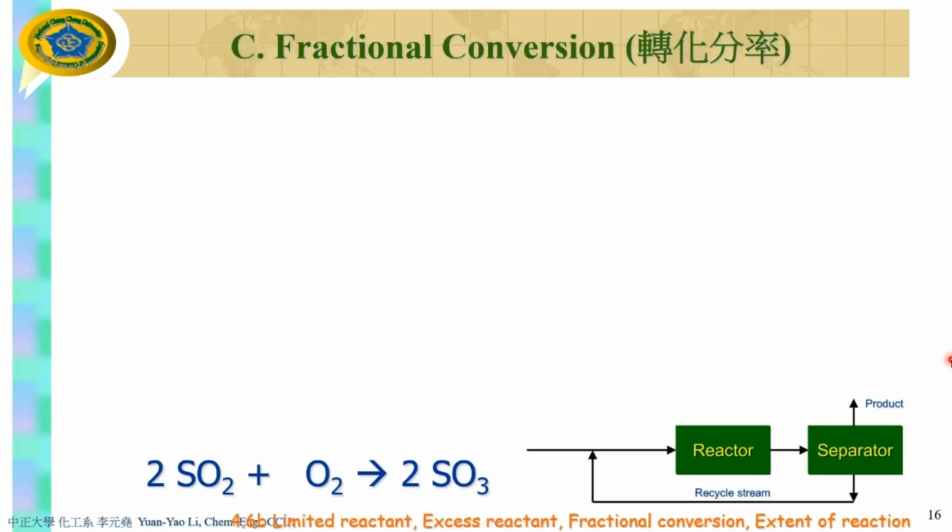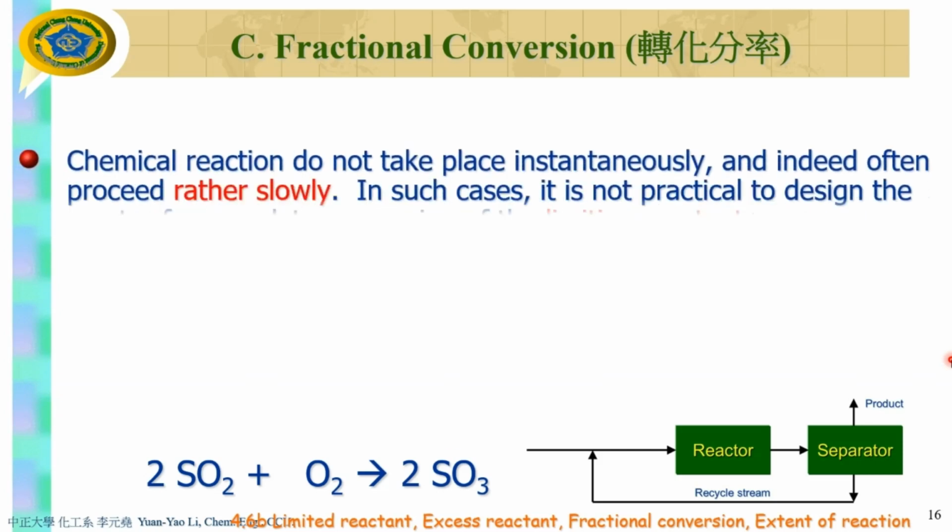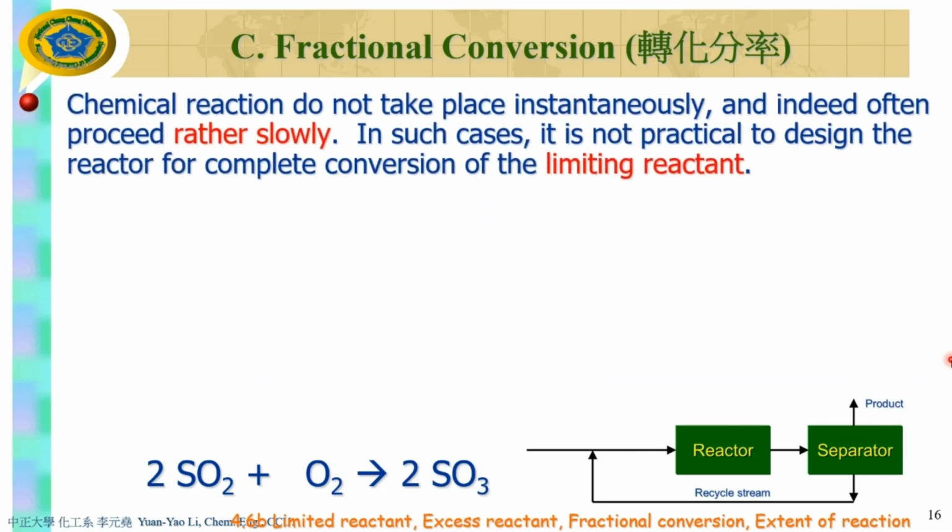Now the fractional conversion. A chemical reaction does not take place instantaneously, and indeed often proceeds rather slowly. If the chemical reaction is very slow, you don't have time to wait, so you might stop before you complete the reaction. That's why we need separators to separate A and B, for example.